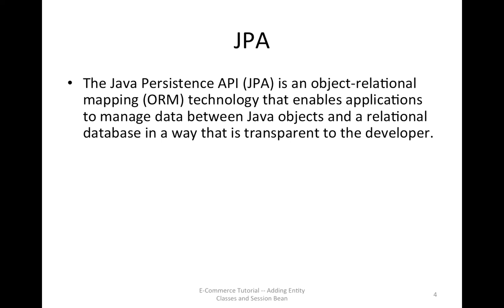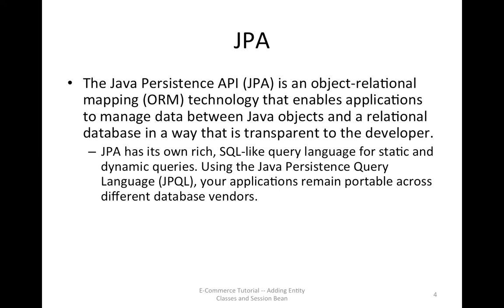What is JPA? JPA stands for Java Persistence API, which is an object relational mapping technology that enables applications to manage data between Java objects and a relational database in a way that is transparent to the developer. JPA has its own rich SQL-like query language for static and dynamic queries.